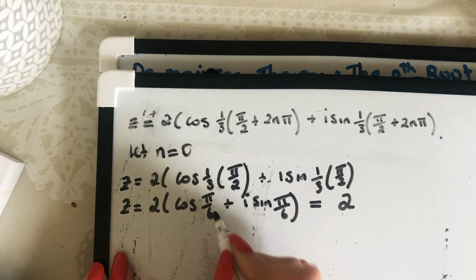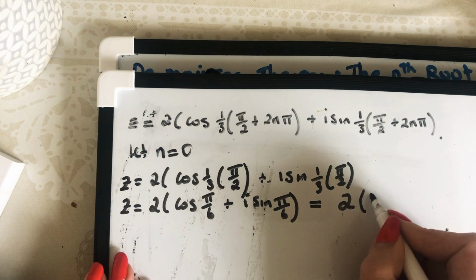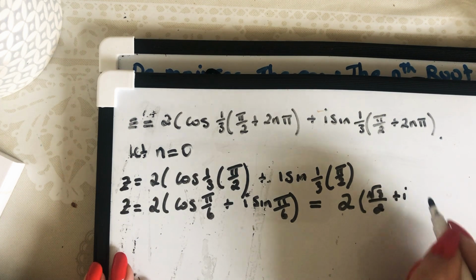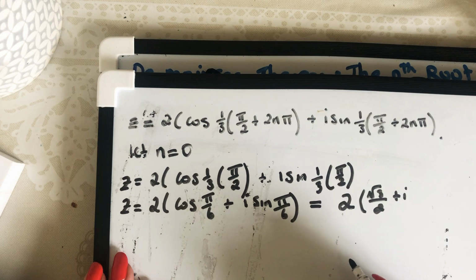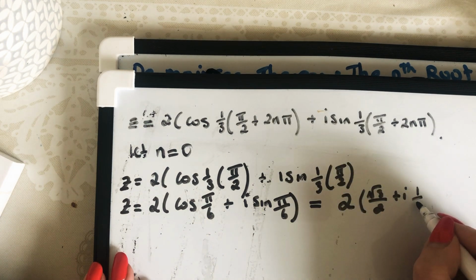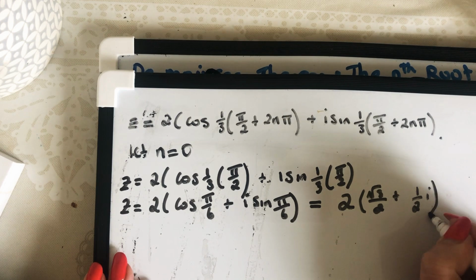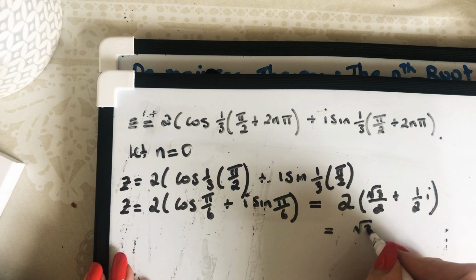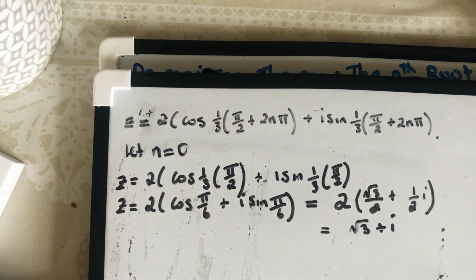When you type in cos pi over 6, you get root 3 over 2. And when you type in sine pi over 6 into your calculator, you get a half. Put the i at the end. So multiplying by your 2, we get root 3 plus i. That's our first root when n is equal to 0.